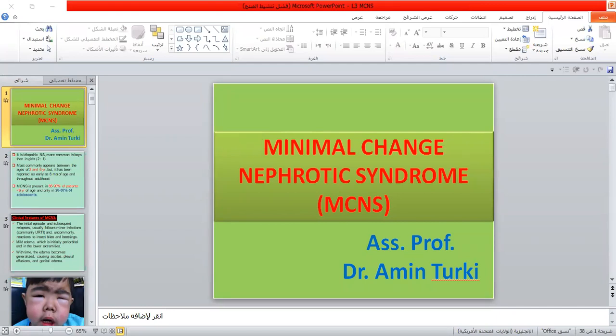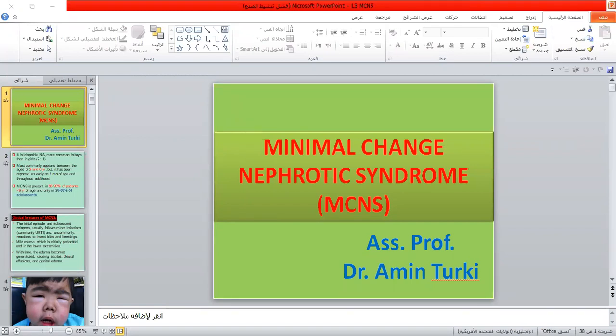Today, we will discuss the most common type of nephrotic syndrome, which is the minimal change nephrotic syndrome. As we discussed in the last lecture, the primary or idiopathic nephrotic syndrome accounts for 90% of all cases of nephrotic syndrome. It is classified into 3 types according to the histological change which occurs in the glomeruli.